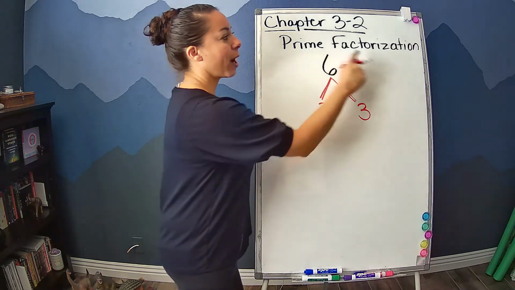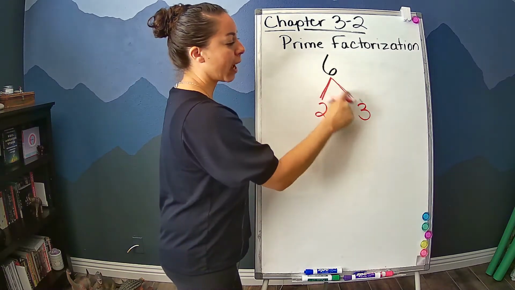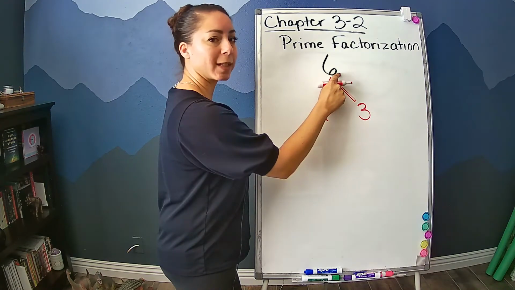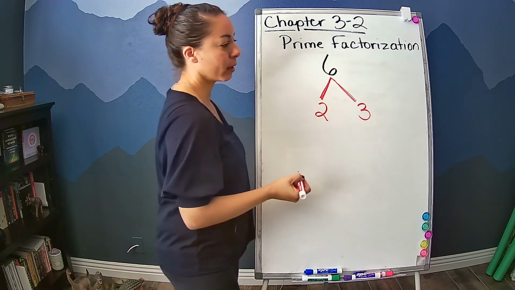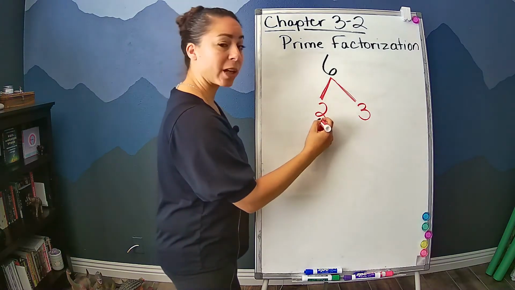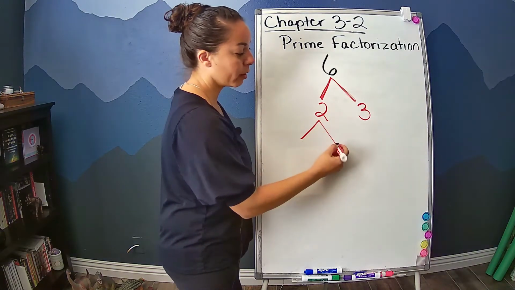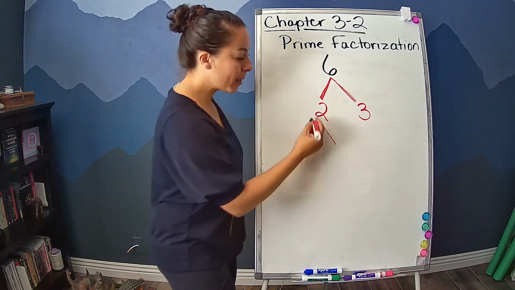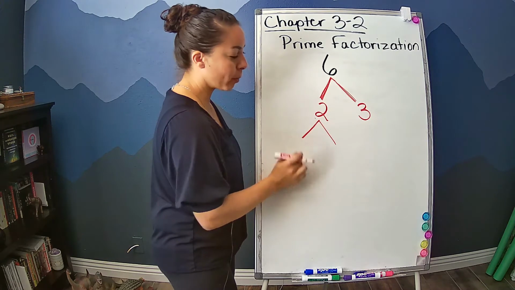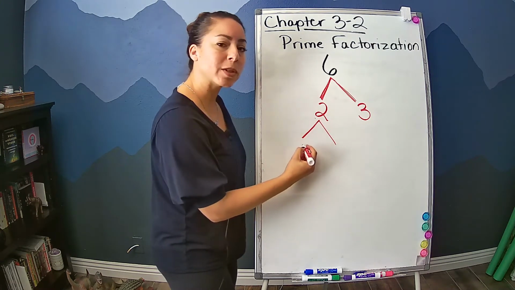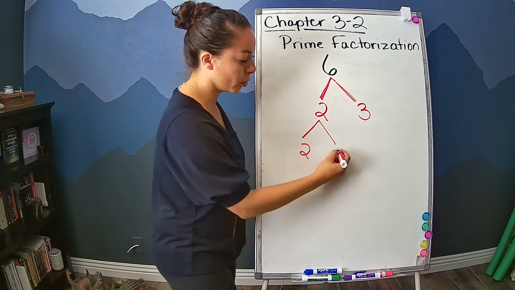However, when you do prime factorization, you're branching out numbers that multiply to make this number here. So for example, 2 and 3. Now, can I branch out these numbers anymore? Not really. Why? Because 2 and 3 are prime numbers. If I try to branch out 2, the only numbers that multiply to make 2 are 2 and 1.